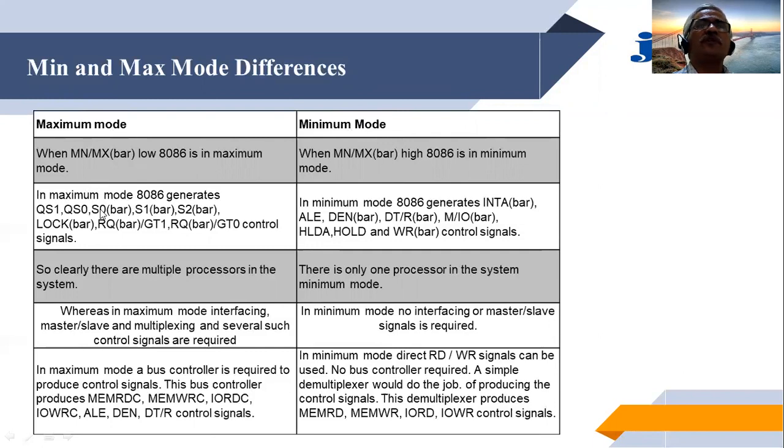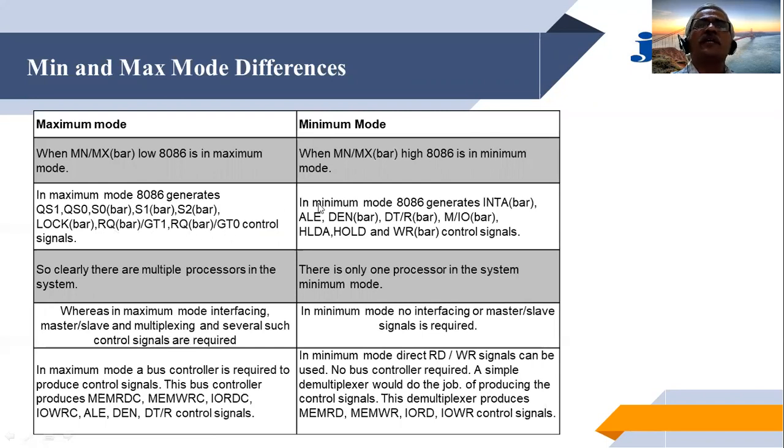In maximum mode, the signals that are generated additionally are the QS0, QS1, which are the queue status signals. Then you have the S2 bar, S1 bar and S0 bar. They are the status signals. Then we have an additional lock bar, then request and grant signals.